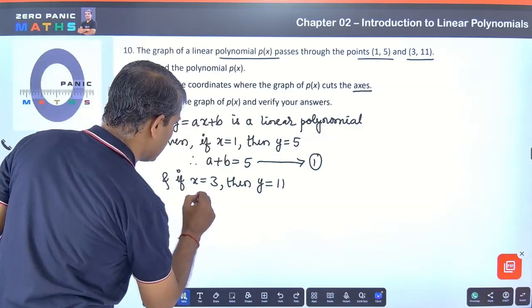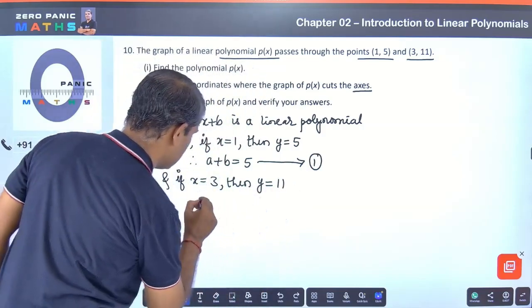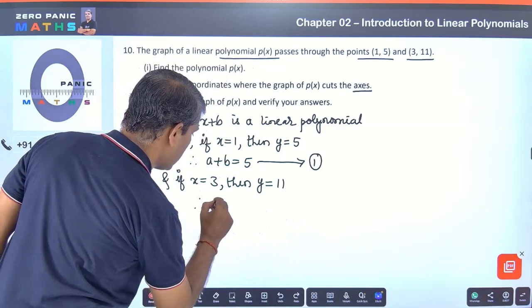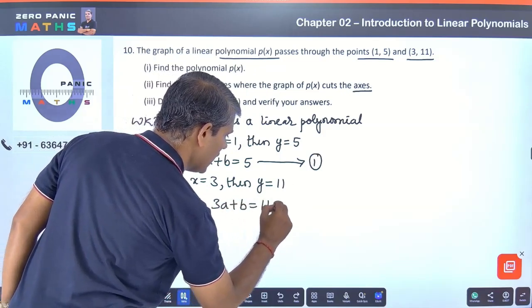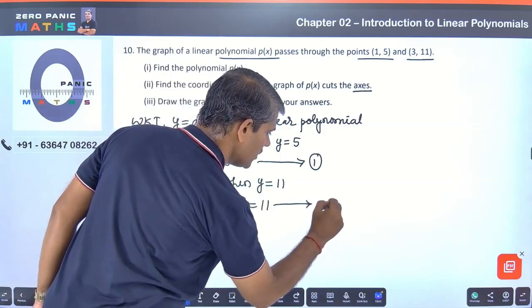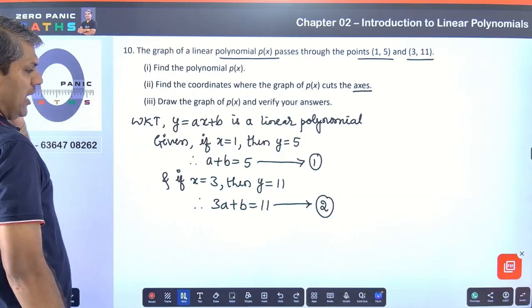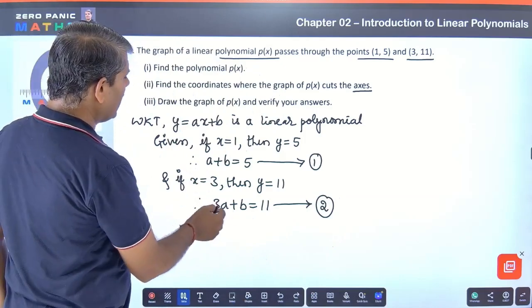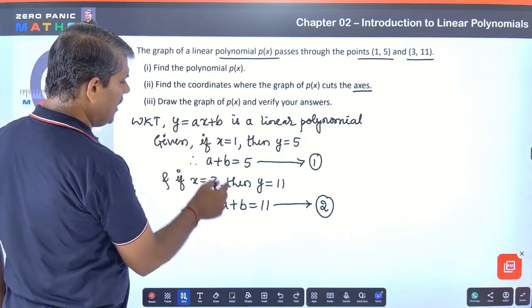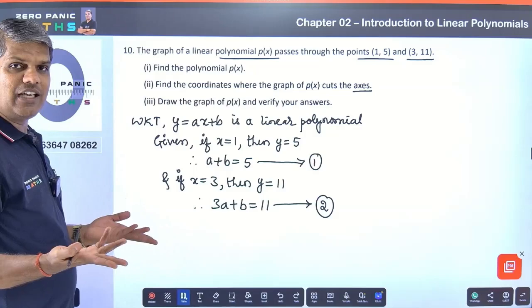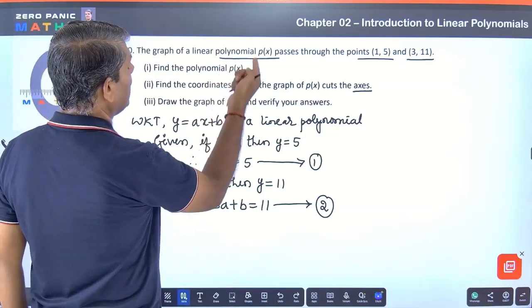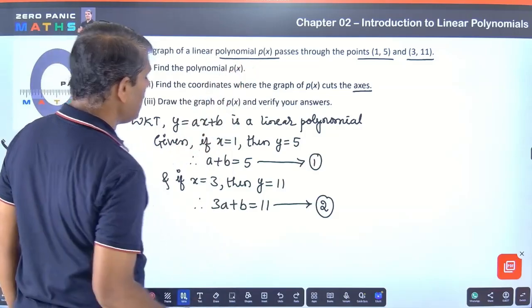Therefore, 3a plus b is equal to 11 is equation 2. Now, if I find the values of a and b by using equations 1 and 2, I will get the linear polynomial p of x.